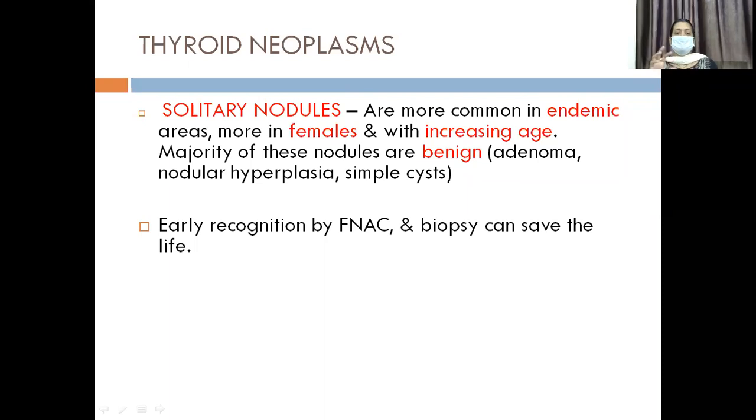When there is this cycling of hyperplasia, hypertrophy, and then involution, and hyperplasia, hypertrophy, and involution happens like a cycle, then there is a propensity for formation of multiple nodules because of the variable proliferative potentials of each thyroid cell.